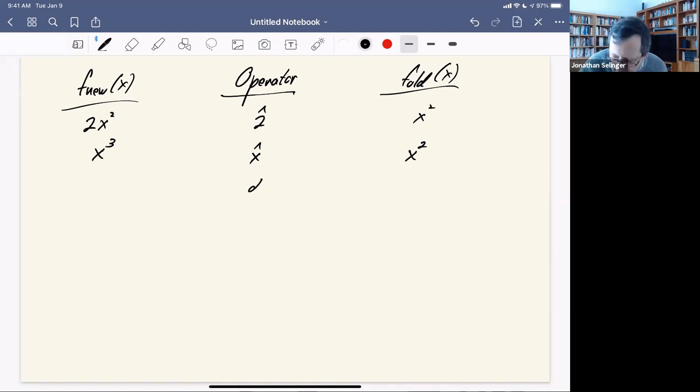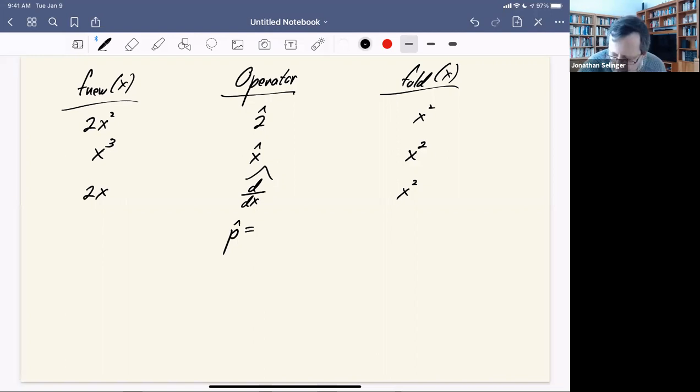Another kind of operator would be to take the derivative. I could write it as d by dx with a great big hat over it. Right? And so if f old of x is x squared, then f new of x is 2x. Or for another example, the momentum operator.